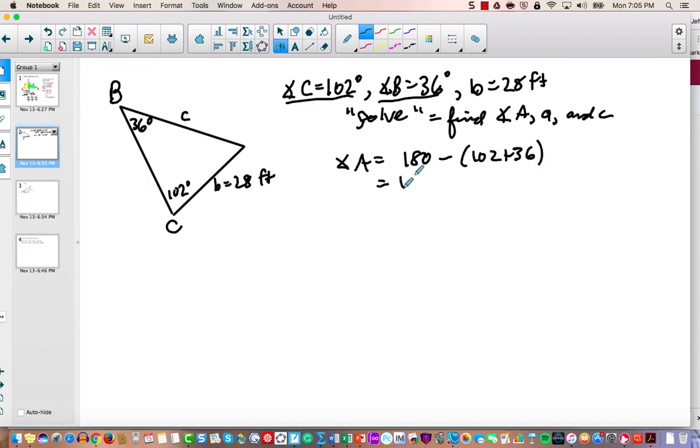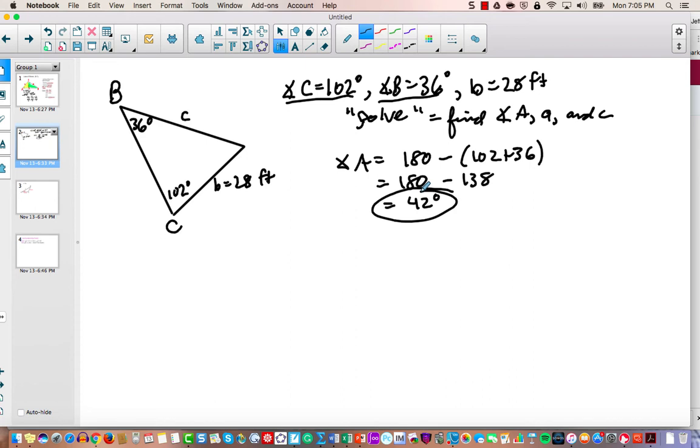And so this is 180 minus 138, or 42 degrees. So that's angle A. I'm going to circle that first part. Angle A is 42 degrees.